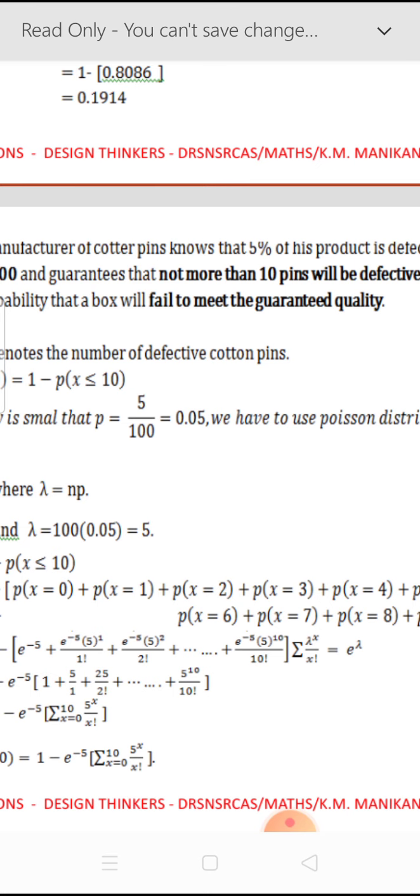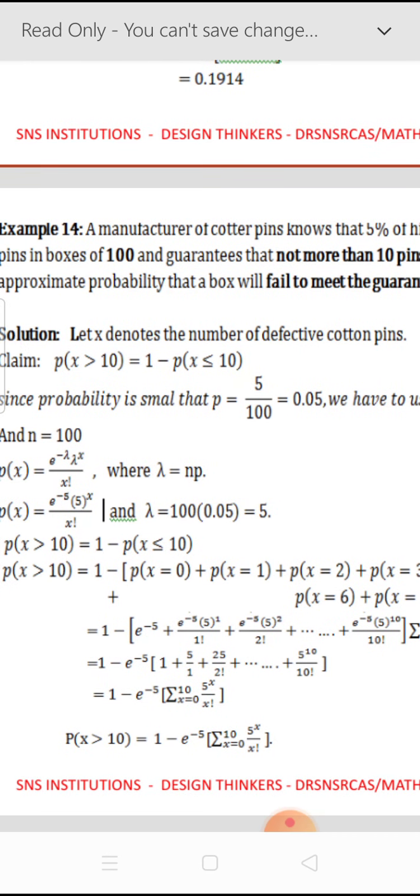So therefore we have to find the probability of x greater than 10. So first assume x denotes the number of defective cotter pins. Now your claim is when the number of defective cotter pins exceeds 10, his guarantee will fail. So that probability we have to find out.